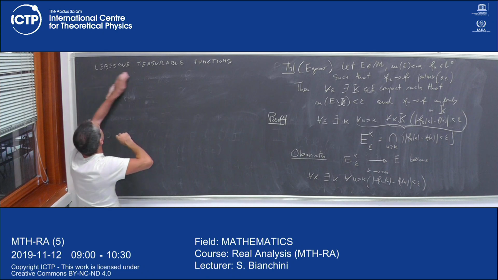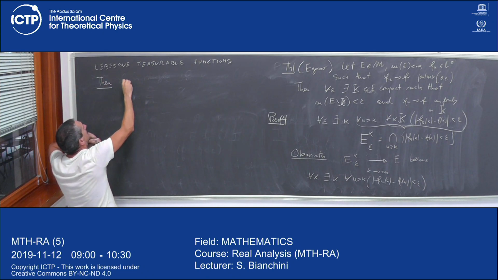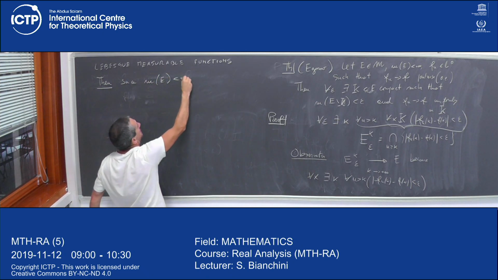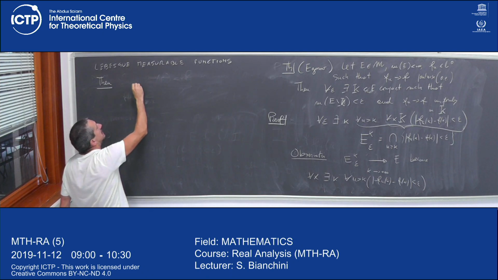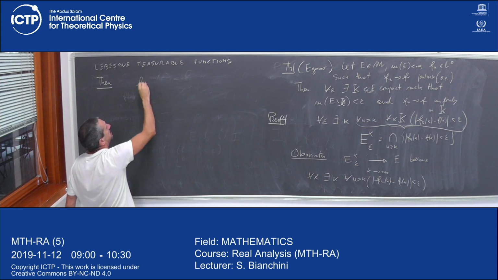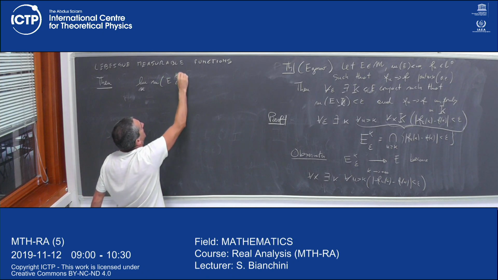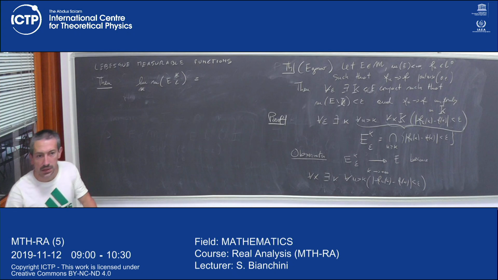Then, since m of E is less than plus infinity, well, it doesn't matter, then the limit over k of the measure of E_k^epsilon is equal to the measure of E.